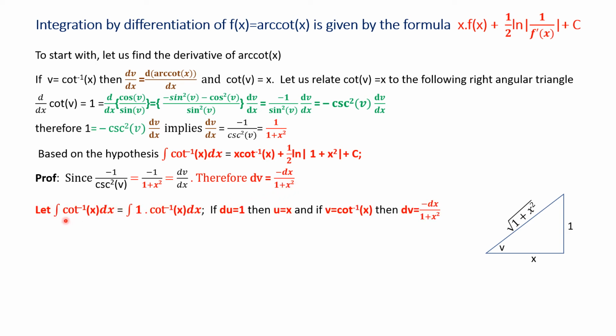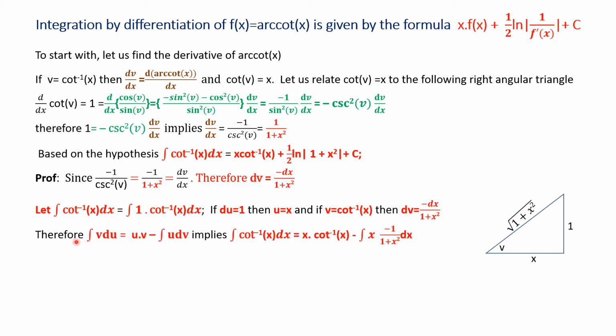Now let the integration of cot inverse of x dx be equal to integration of 1 multiplied by cot inverse of x dx. If du equal to 1, then u equal to x. And if v equal to cot inverse of x, then dv equals negative dx divided by 1 plus x squared.